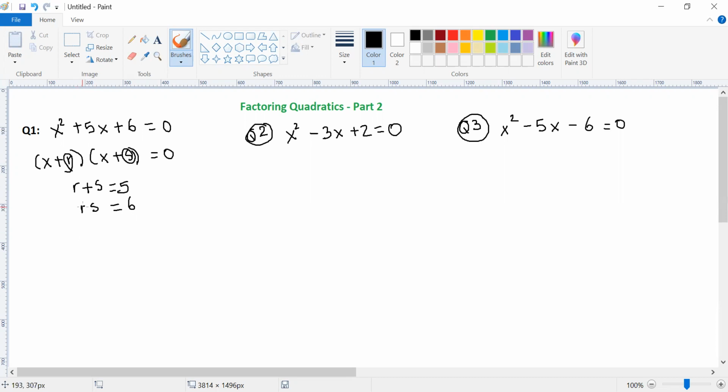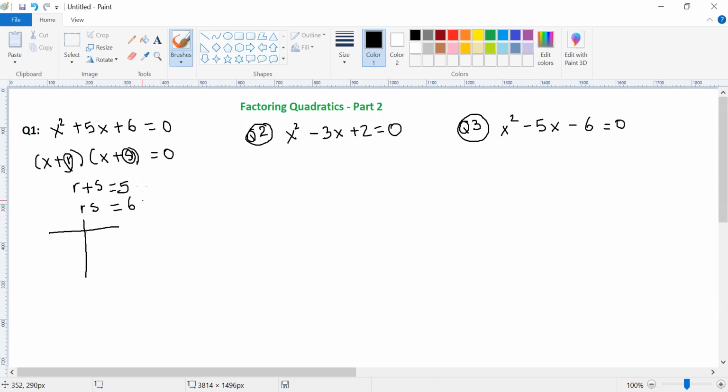And what we're going to do is find two factors that make this relationship true. So what are two factors that add up to 5 and multiply to 6? Well, to 6, there are only a few factors.